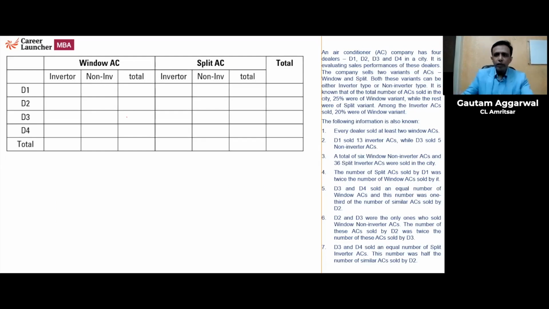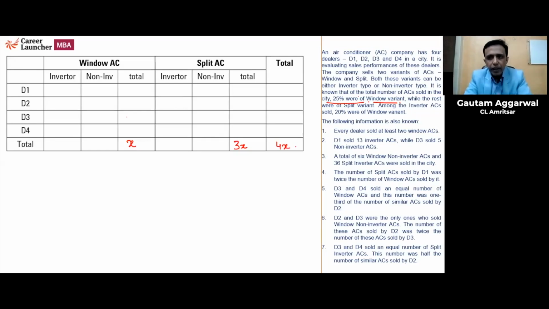To start with, the first and the most important information was, it is known that of the total number of ACs sold in the city, 25% was window variant, while the rest was split variant. So what does that mean? Out of the total, if 25% was window and 75% was split, I could have divided windows and split in the ratio of 1:3. So total of window ACs, let's say X, the total of split ACs would become 3X, if the total AC sold was 4X.